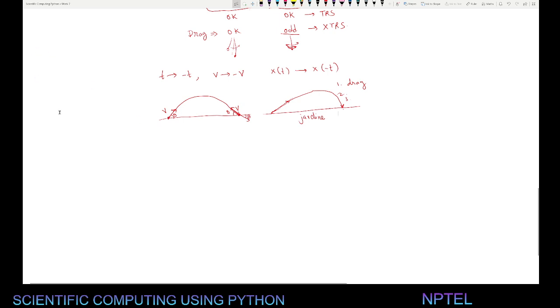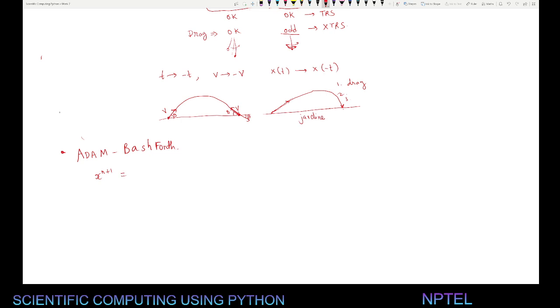And there is a general class of algorithms, which is called, what was the name? Adams-Bashforth.